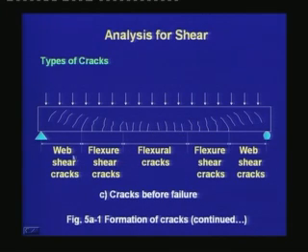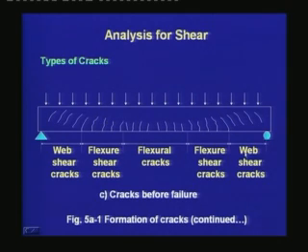On the two sides of the flexural cracks, we have flexure shear cracks. They start at the bottom. Initially they are perpendicular, but then they gradually get inclined due to the effect of shear.